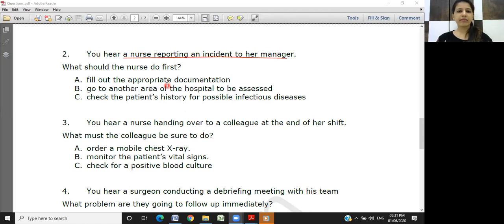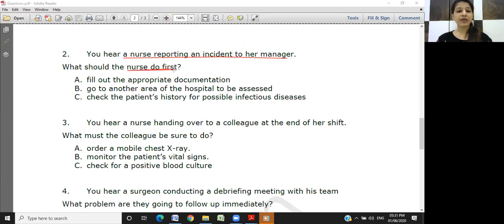These are very minute things, but very, very important. Manager, naturally, right? Because the nurse is first reporting, and then the manager would be giving instructions on how to deal with this now. And the question is also asking what the nurse should do first.